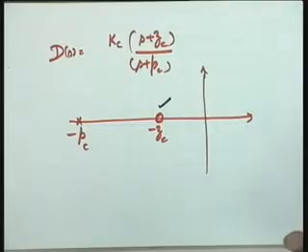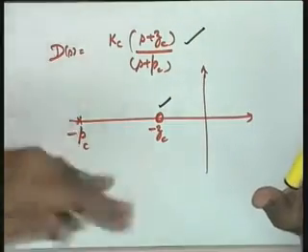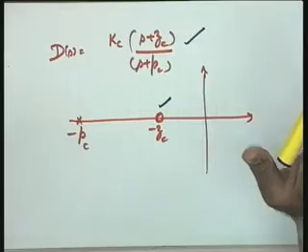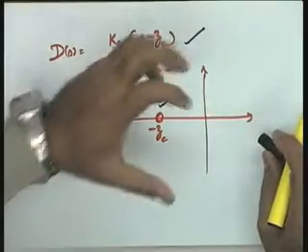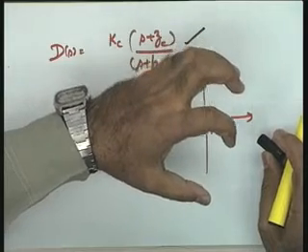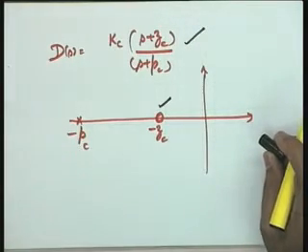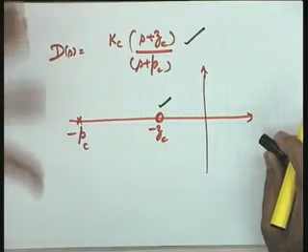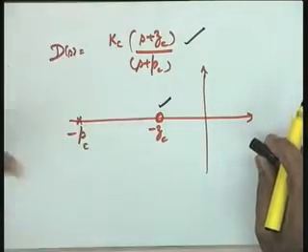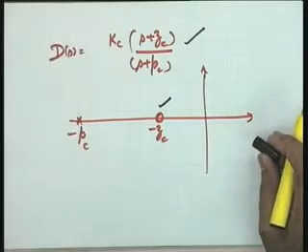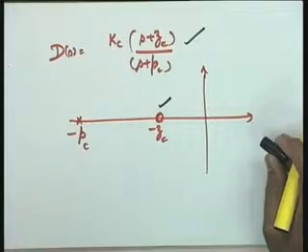In this particular case, what is the requirement of the lead compensator, or how do you decide where you should put it? See that the zero at s equal to minus zc is going to pull the total root locus to the left. So if there is a deficiency in the transient performance of the system, better you go for a lead compensator, because shifting it to the left means improving the stability and the transient performance of the system.